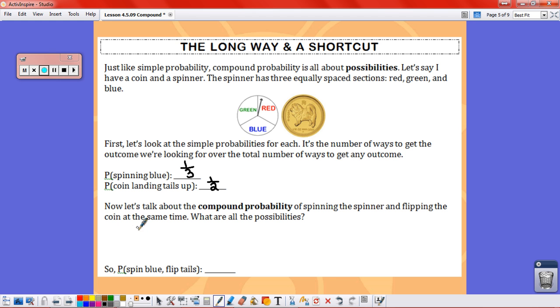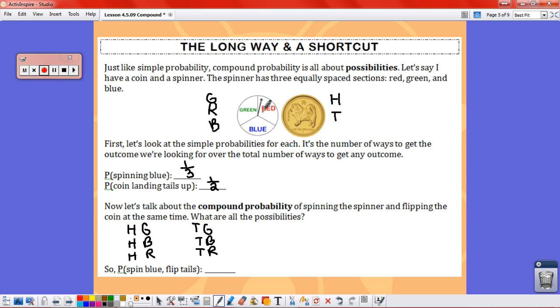Well, I'm going to use heads and tails as H and T, and I'm going to use G, R, B for green, red, blue. So we could get heads and green, or heads and blue, or heads and red, or tails and green, tails and blue, tails and red.